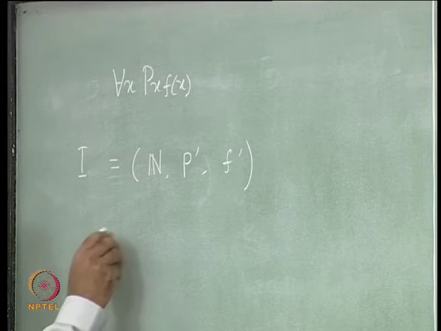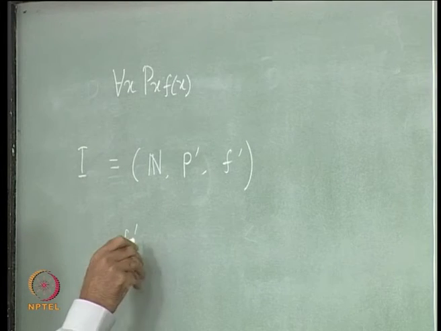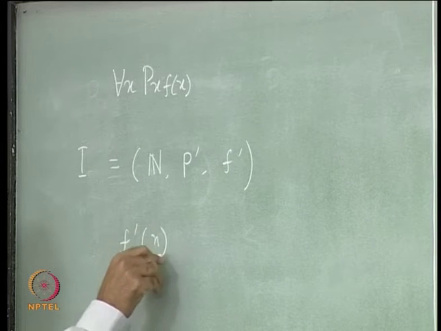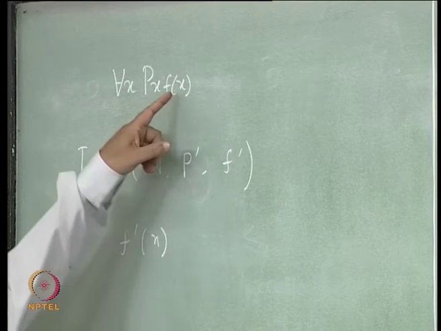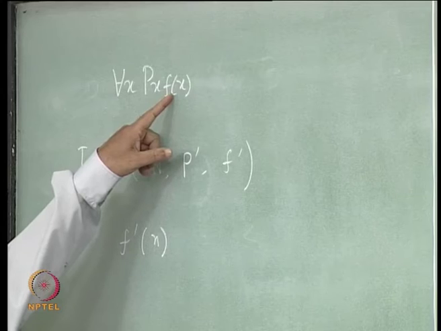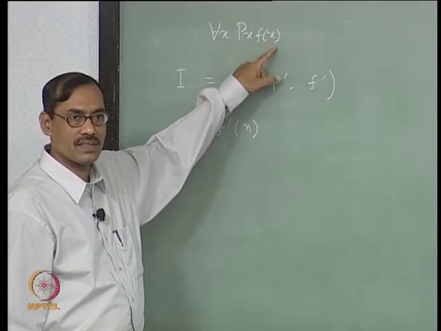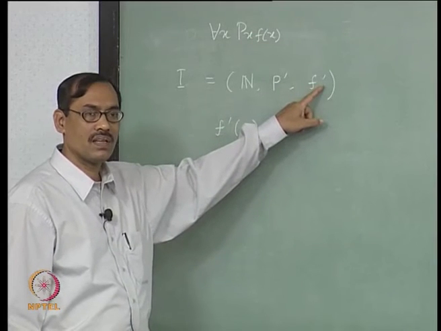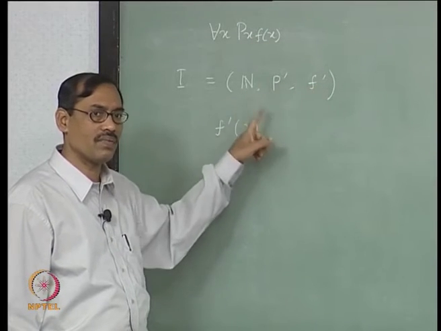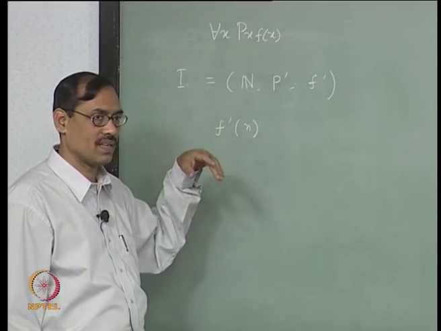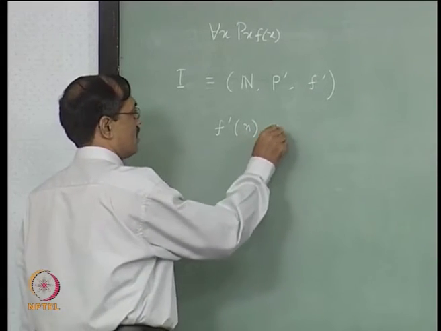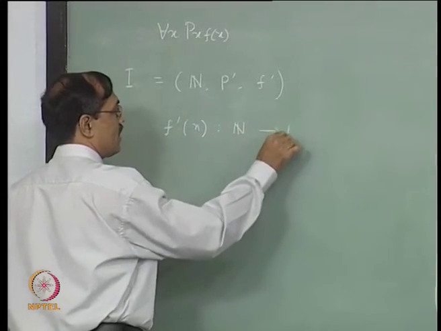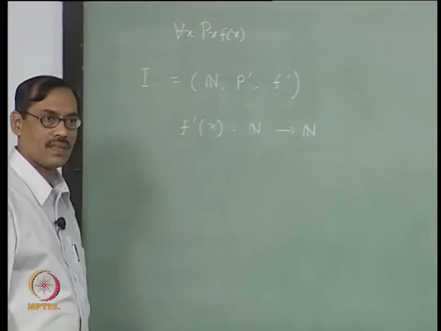So, let us say f prime of n, f prime is a unary function symbol, okay, only one argument it has. So, f prime which corresponds to this function symbol should be a unary function, unary partial function, let us say. So, we will write this as N to N, it should be defined on the domain, fine.